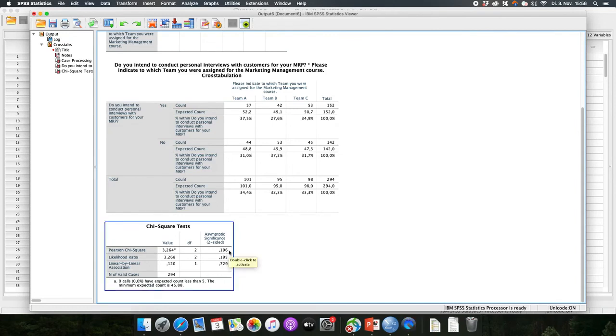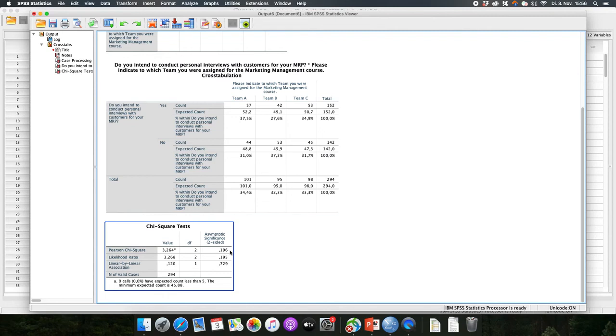As for the rules for determining the significance of a test, you'll remember that we will reject a null hypothesis, in this case the null hypothesis being that the intention to conduct interviews does not differ across the teams, if the p-value were lower than 0.05.